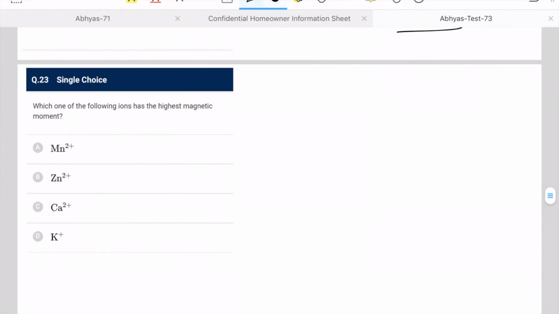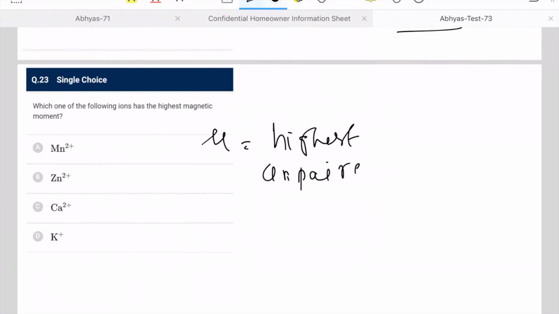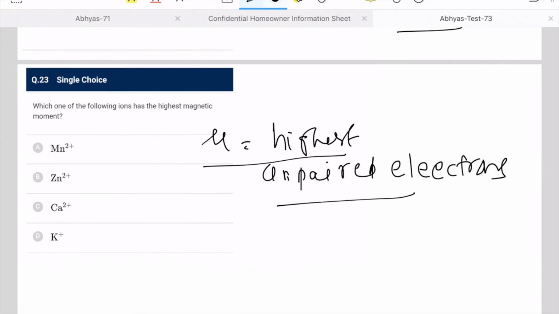Which one of the following ions has the highest magnetic moment? He is asking for mu. We have to select the highest number of unpaired electrons. We have to check it. In this one, Mn should be there.